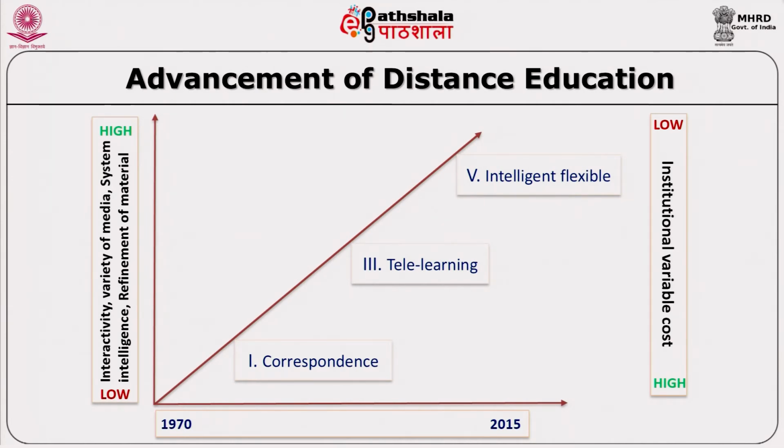The x-axis starts at the year 1970, where the UK Open University came into existence, and it has been shown till 2015, that is the current phase.